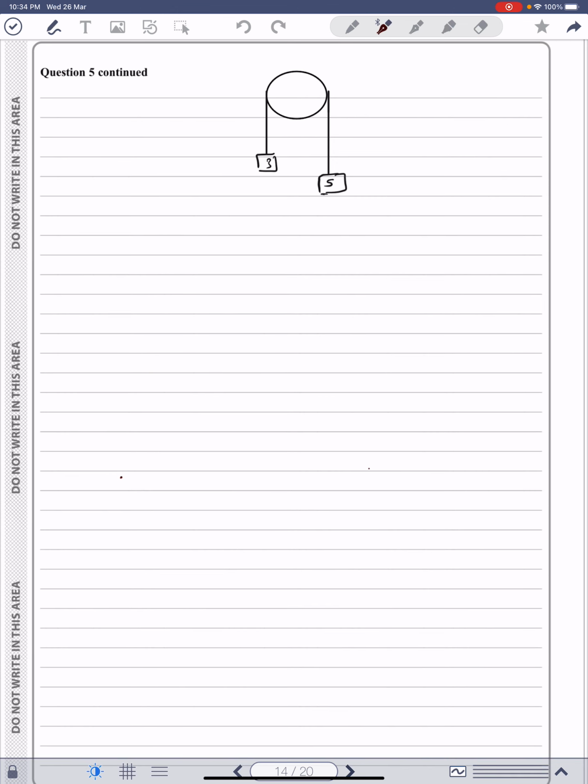Let's illustrate part D here. Q already, which is the 5 kilograms, is 10 meters above the ground, as the question said, and this is 2 meters below the pulley. The idea in this question, dear lovely students, is that when this goes down, it's 2 parts of motion.